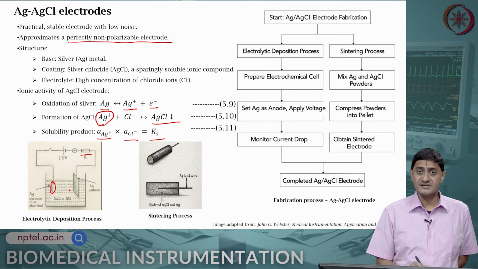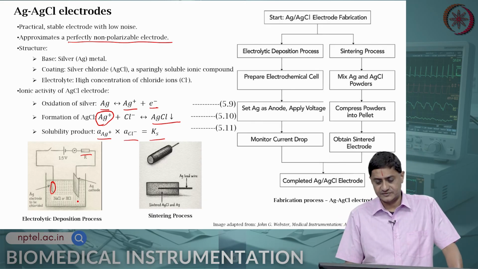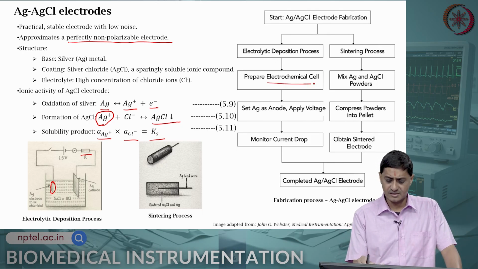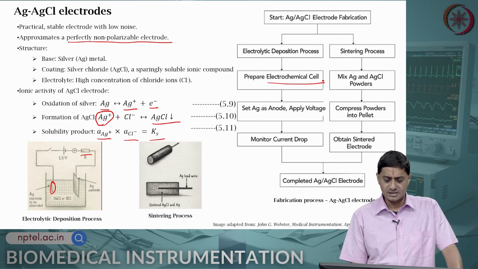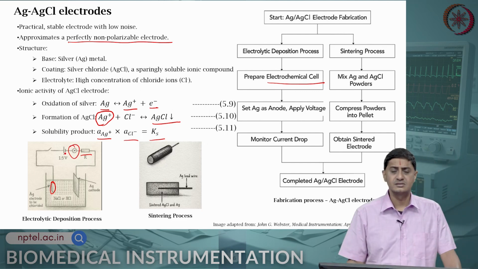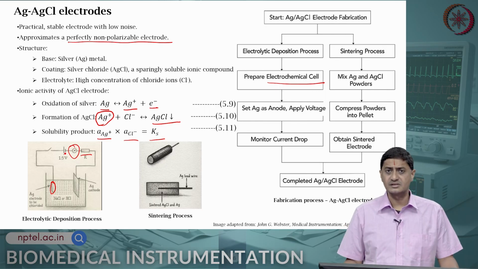You place this in a solution of sodium chloride or hydrochloric acid. When you do that, electrolysis happens. This is essentially an electrochemical cell. Silver is kept as the anode, and you monitor the current with an ammeter or a milliammeter.